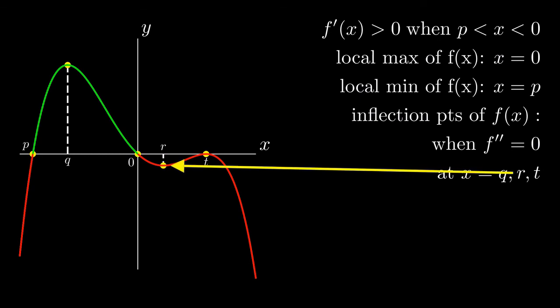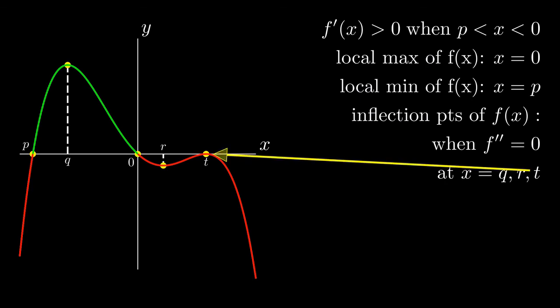Just remember, you can draw a tangent line that would be horizontal, which means the second derivative is 0. Also at T. So those 3 points are points of inflection. All right, no problem.